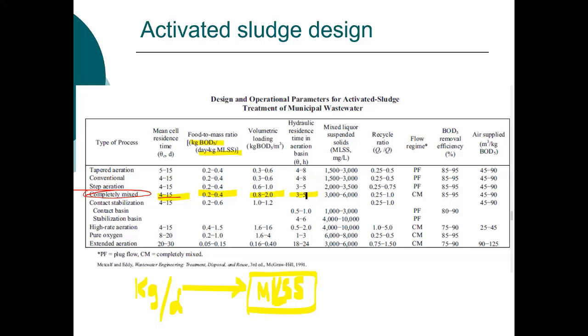Notice your hydraulic residence time is only about 3 to 5 hours compared to a mean cell residence time of 4 to 5 days. Your mixed liquor suspended solids is about 3,000 to 6,000 milligrams per liter.